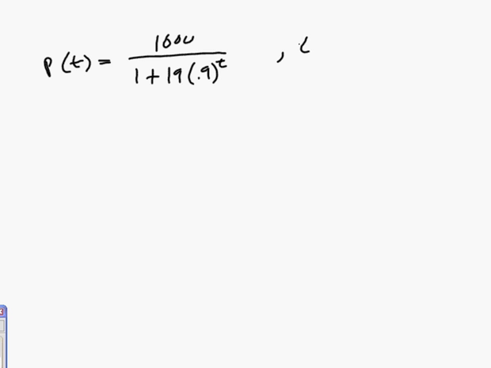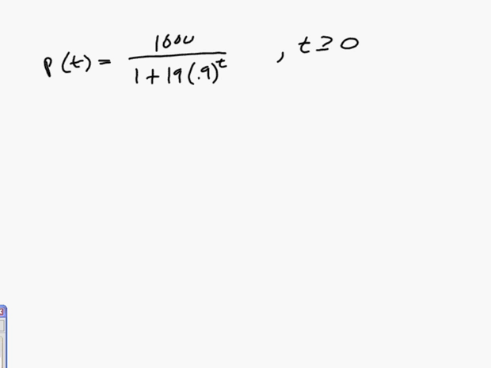So let's consider the function p of t equals 1,000 over 1 plus 19 times 0.9 to the t. And we're given a domain in this problem. We're saying we're only going to consider t values that are greater or equal to 0. Okay?